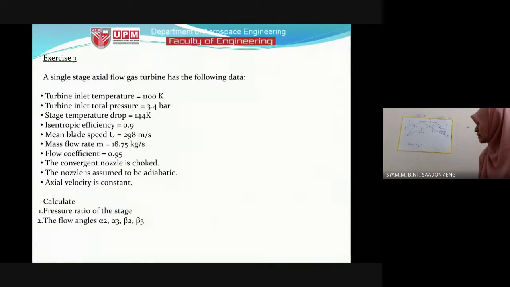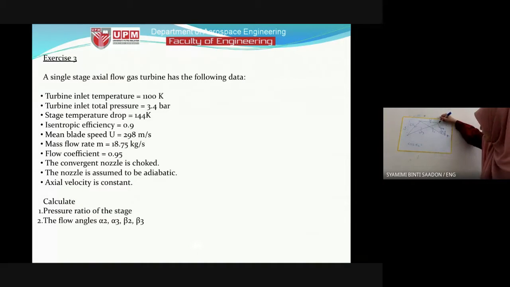So we calculate alpha 2 first. How do we calculate alpha 2? We use cosine because we know C2. We have calculated C2 just now.